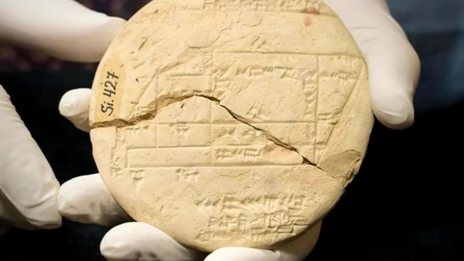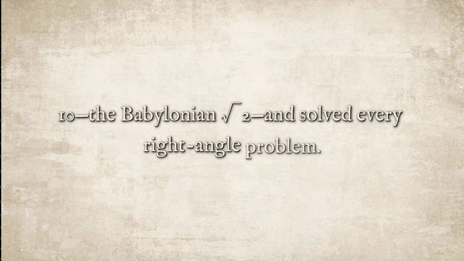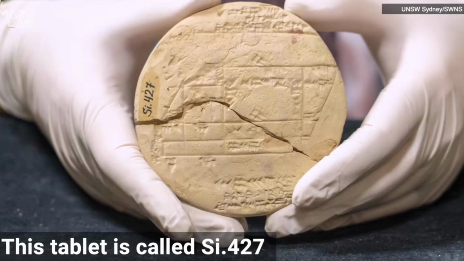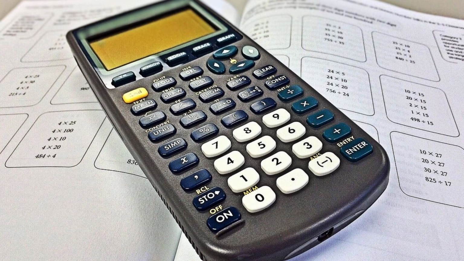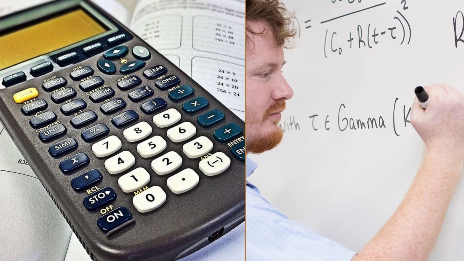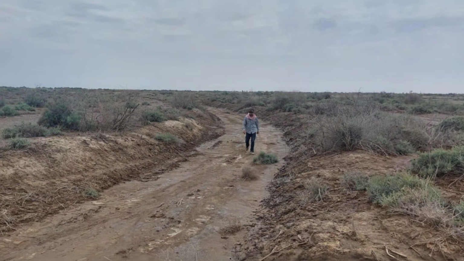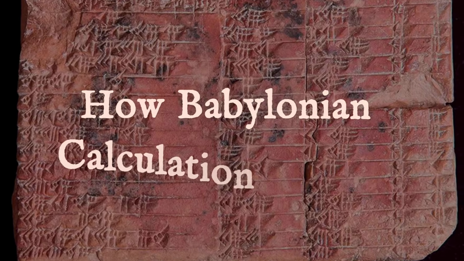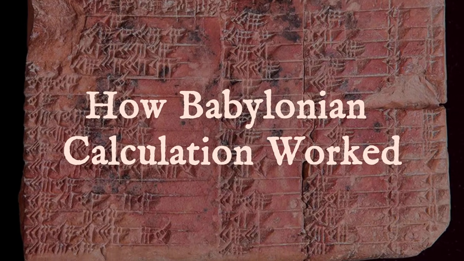It was a standard number, taught in schools, looked up in tables, applied to problems. The Babylonian scribal curriculum treated the square root of 2 the way a modern engineering student treats pi. It was infrastructure. To understand those 3 cuneiform numbers, you need to understand the system they were written in.